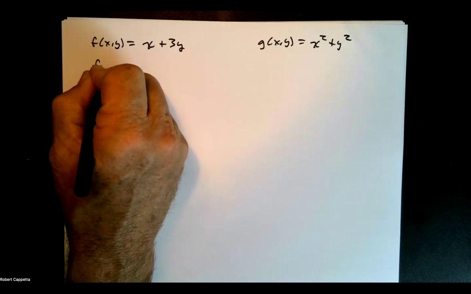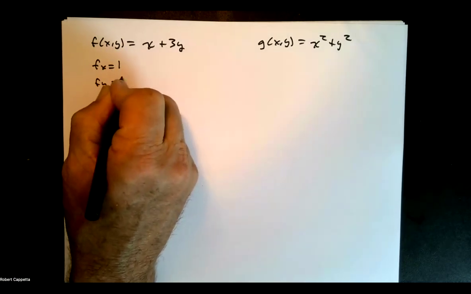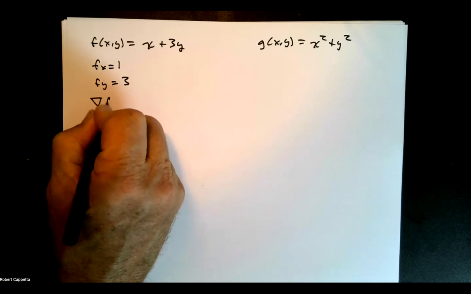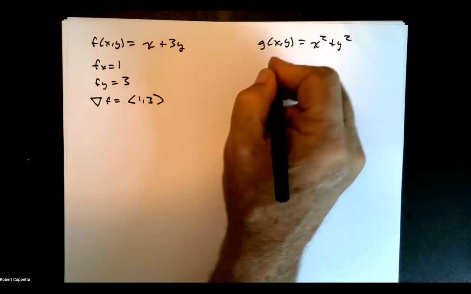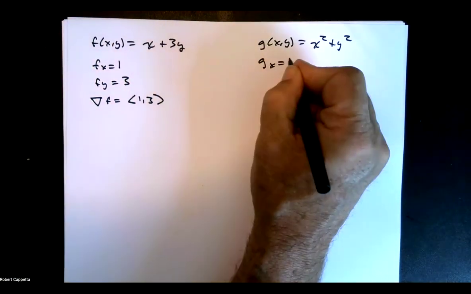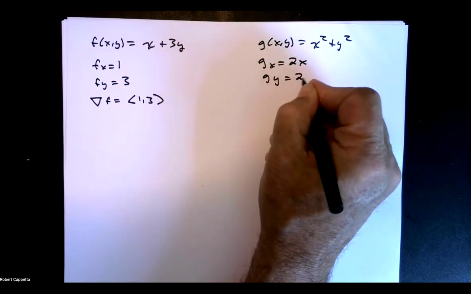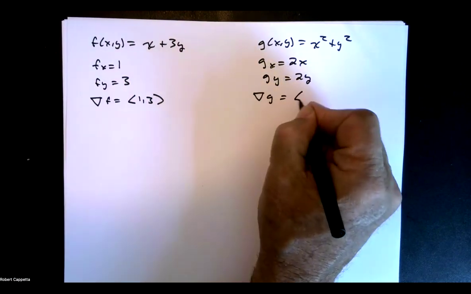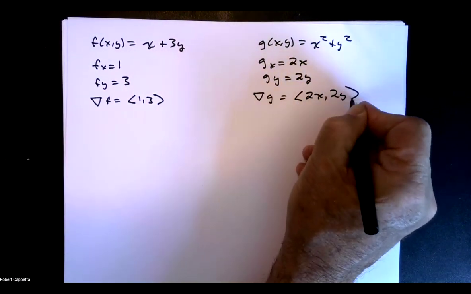F sub x is 1. F sub y is 3. So the gradient of f equals the vector 1, 3. On this side, g sub x is 2x. G sub y is 2y. So the gradient of g is 2x, comma, 2y.